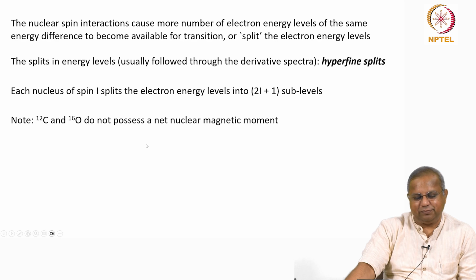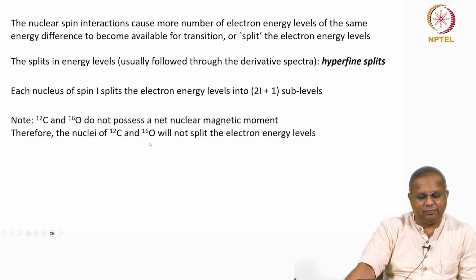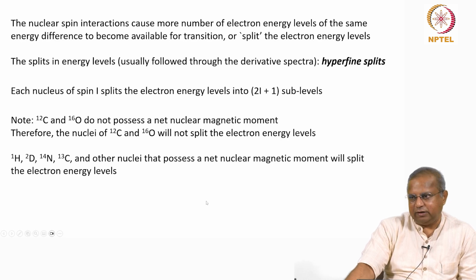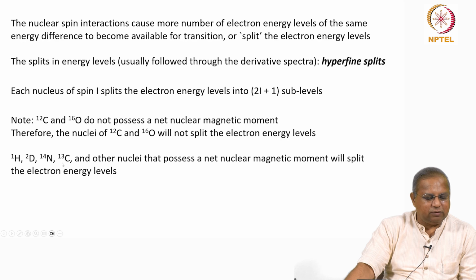Therefore, the nuclei of 12C and 16O will not split the electron energy levels, whereas 1H, 2D, okay, this is the deuterium, 14N, 13C and other nuclei that possess a net nuclear magnetic moment will split the electron energy levels. You might want to write this down. 12C and 16O will not split the energy levels, whereas this is just an example, there are many: 1H, 2D, 14N, 13C.